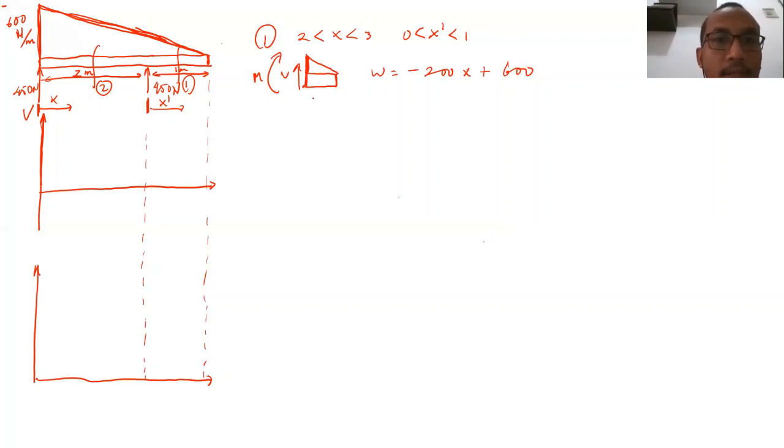Remember that the distance here will be 1 minus x action. Because the variable is x action, we have to find the value of W in terms of x action.